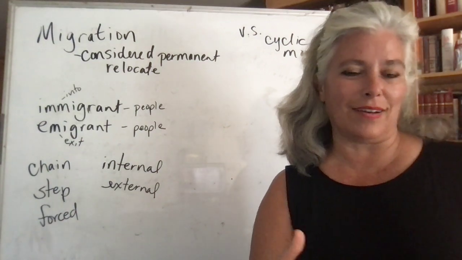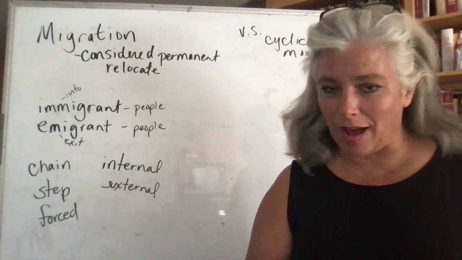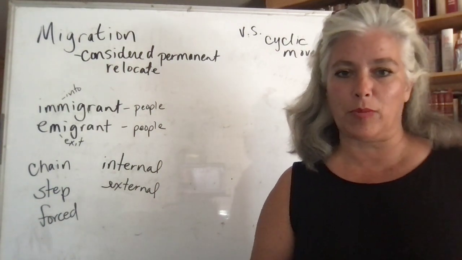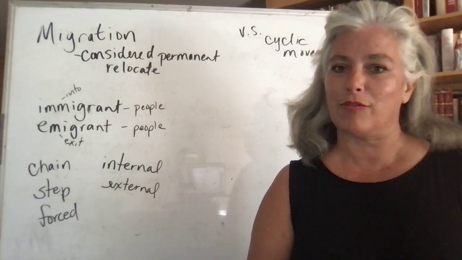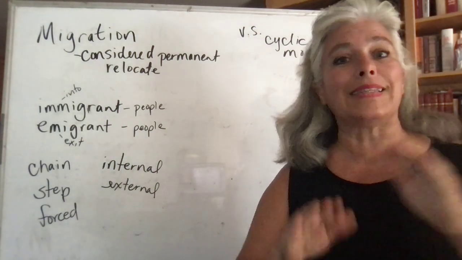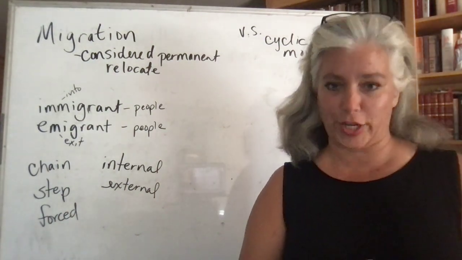But they would not be called migrants. They would not be immigrating for just that 3-month period of time. They would intend to go back to their original place of residence. So that's different than migration, which has the idea of a permanent relocation.